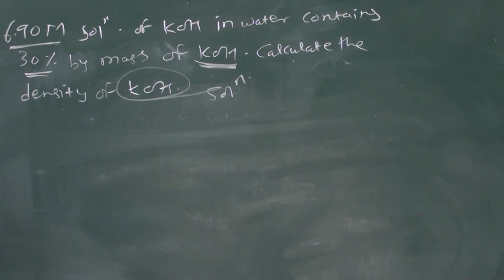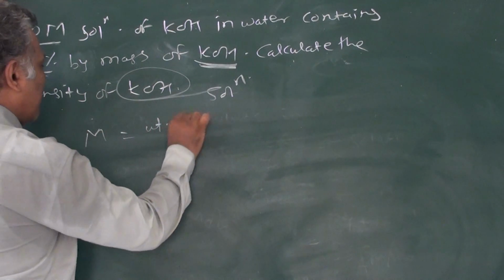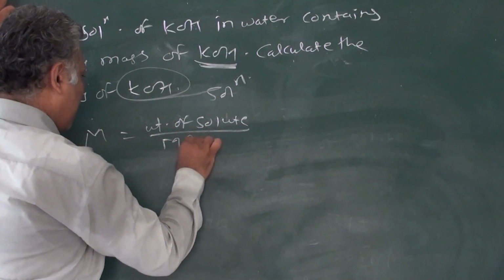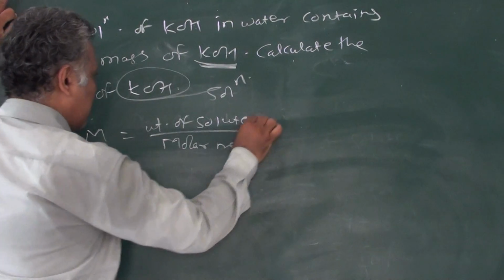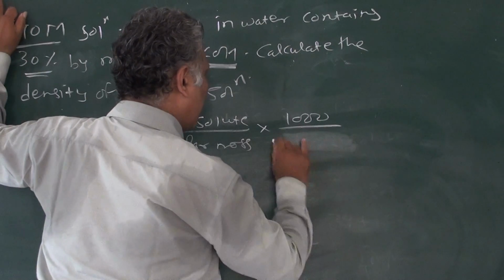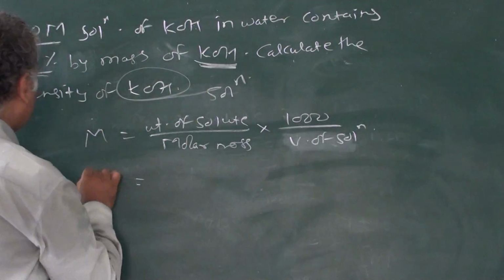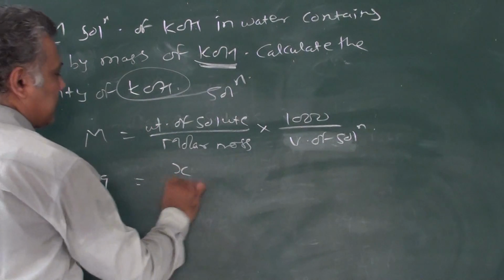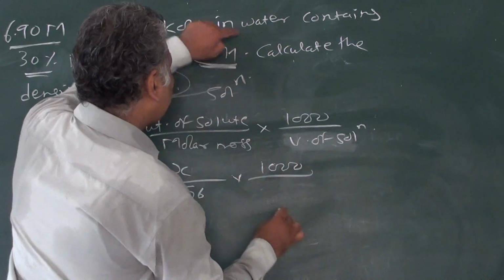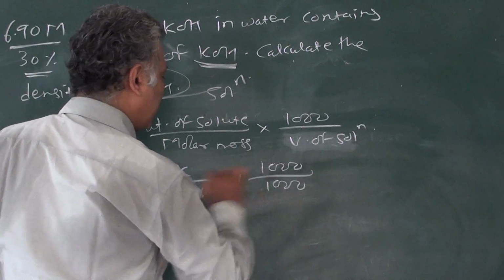First of all, the molarity given to me is equal to weight of solute upon molar mass into 1000 by volume of solution. Substitute the values. This is 6.9, this is X, this is 56, and 1000. Volume of solution, we will take as 1 liter, that is 1000 ml.